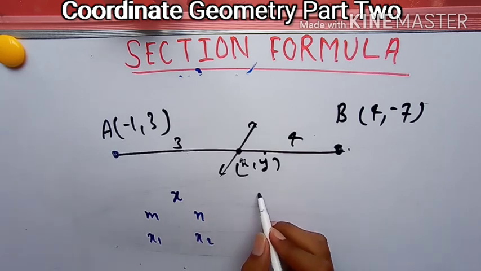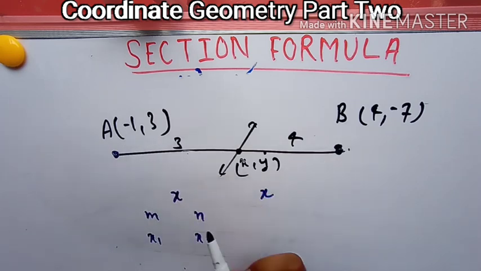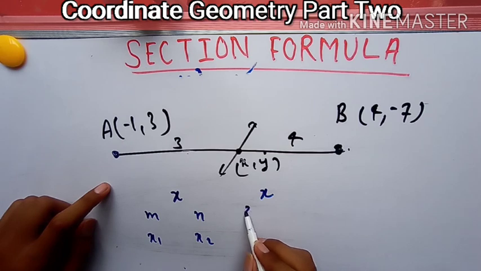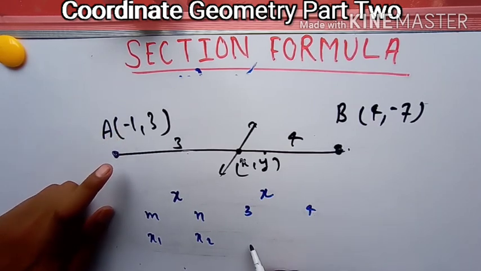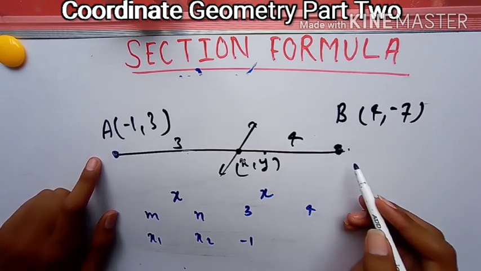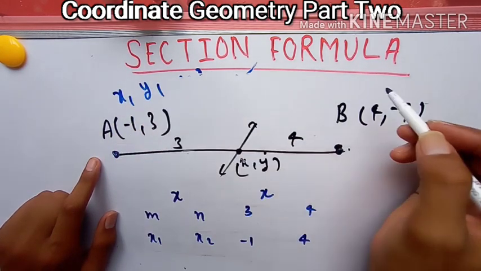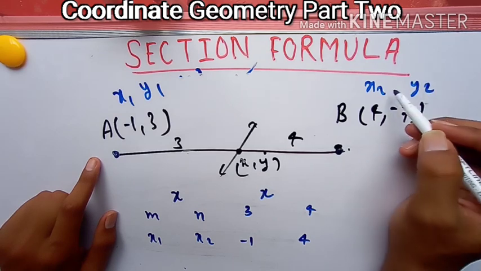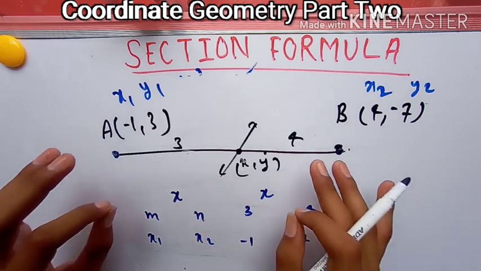See here, again you have to calculate the value of x, but this time you have the numeric numbers. So the value of m is what? 3, so put 3. n is what? 4. Okay, very nice. x1 is minus 1. x2 is 4. Understanding? These are x1, y1, this is x2, y2. Once you get it in your mind, you need not write all these things, need not mug it up.